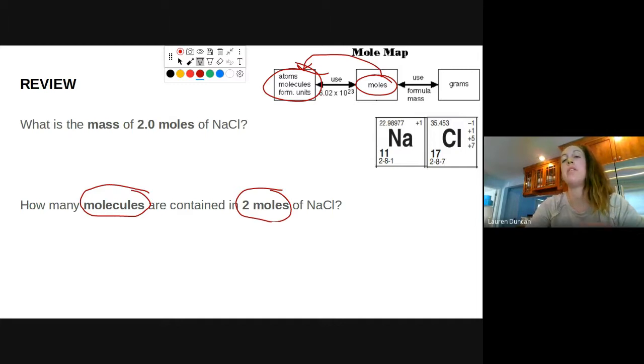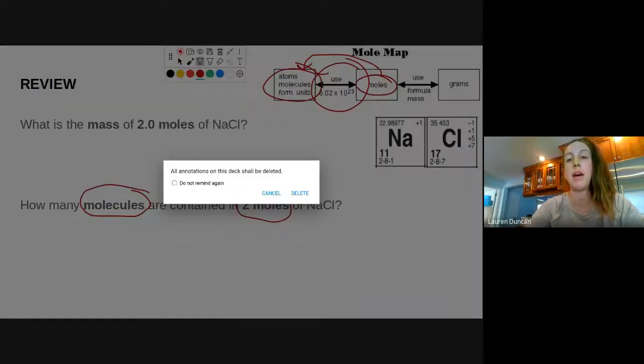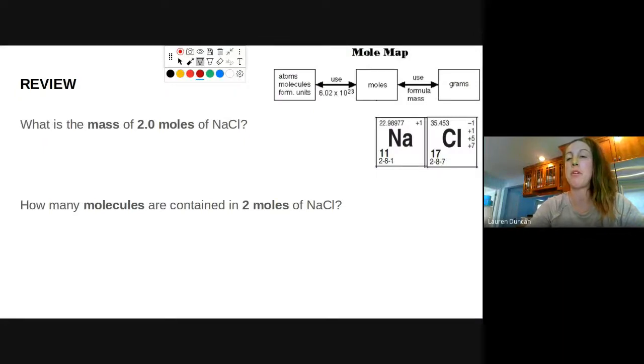So notice on the mole map, it does not tell me to use the formula mass. It does not tell me to use the GFM. Instead, what it tells me to do is use 6.02 times 10 to the 23rd. So I want to be really clear about that, because anytime you convert between moles and the actual number of particles in the sample, either direction, you don't need the GFM.